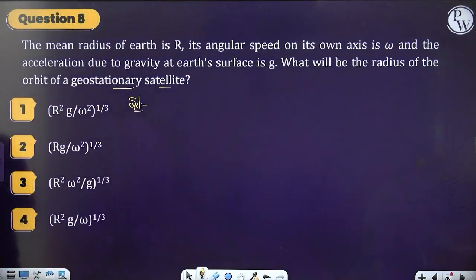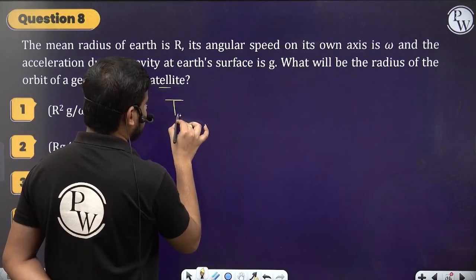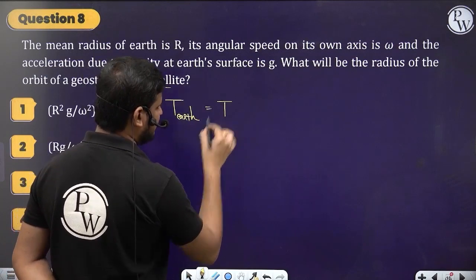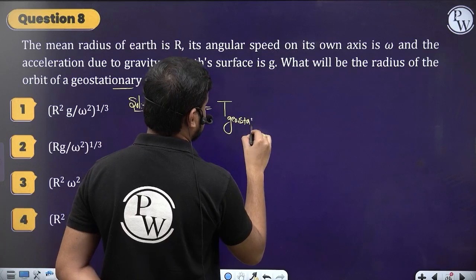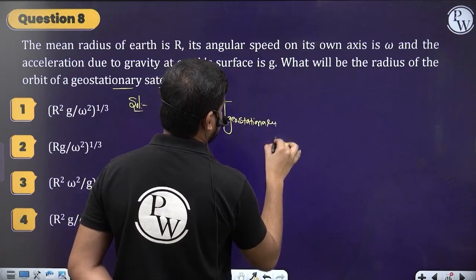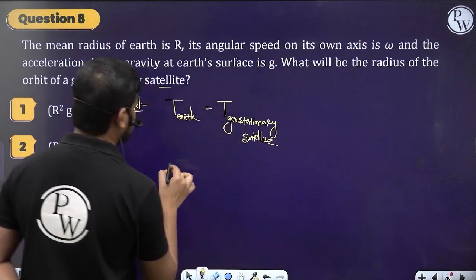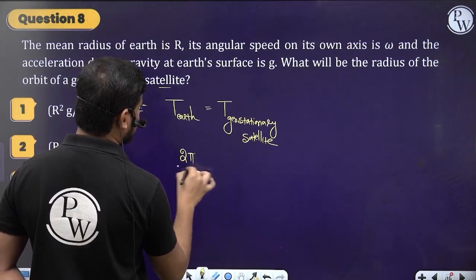We know that the time period of the geostationary satellite and the time period of the earth's rotation should be the same. Simple concept. So the time period of the earth, T, is equal to 2 pi by omega.